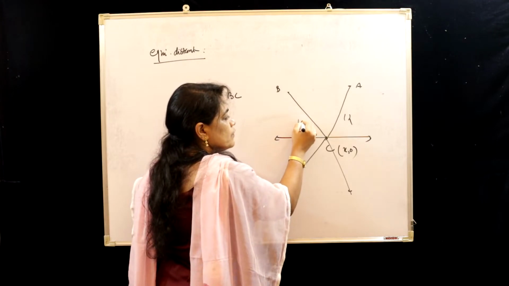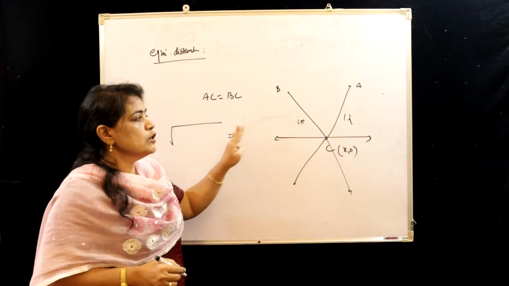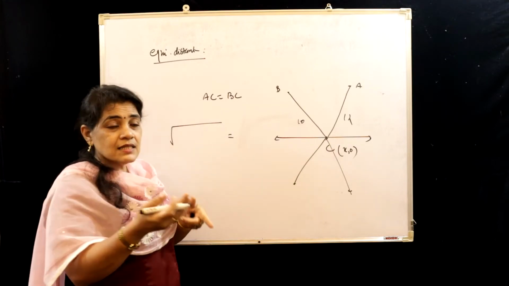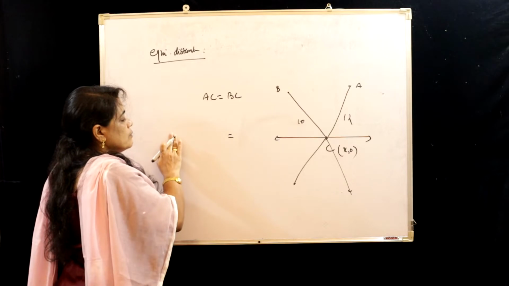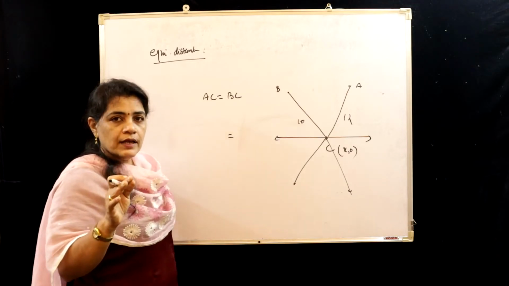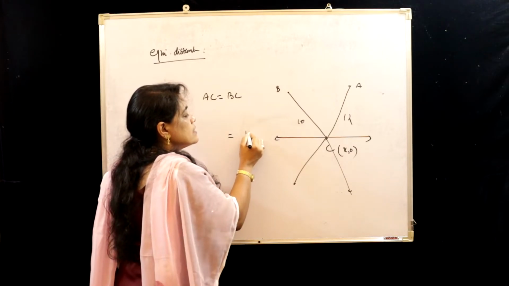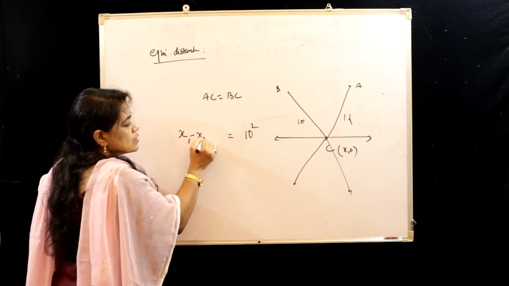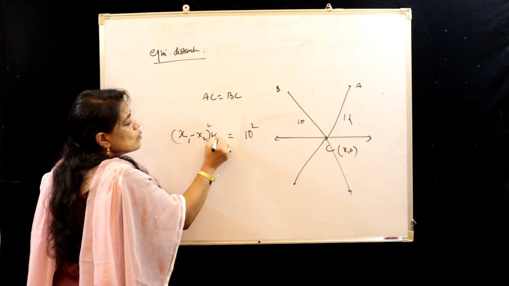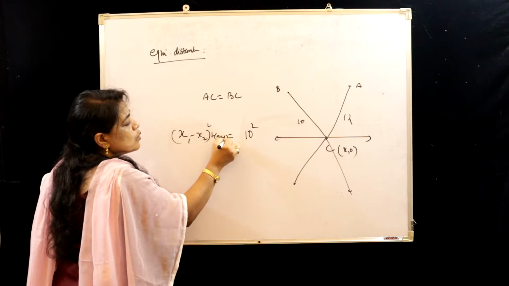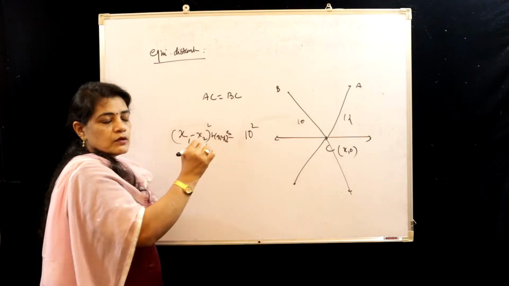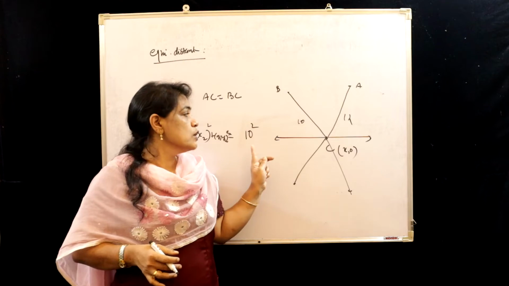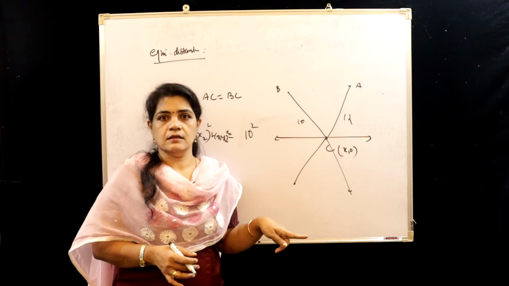So here, if it is 10, the distance is equal to that, and after applying the square root, in the next step you have to square. That means this square root gets eliminated, and at the same time this RHS quantity should be squared. Then only it will be equal to x1 minus x2 whole square plus y1 minus y2 whole square. There is no square root, because in order to eliminate the square root you have to square on both sides, which means you have to square the quantity on the RHS.